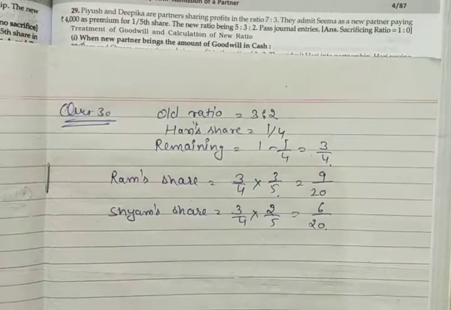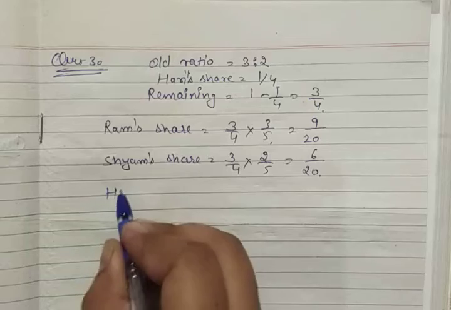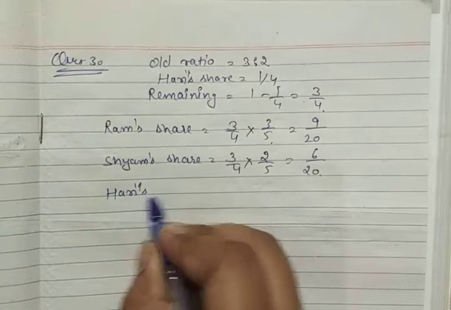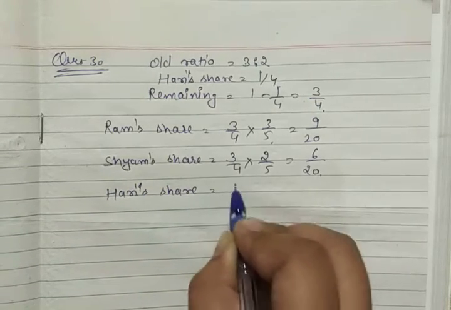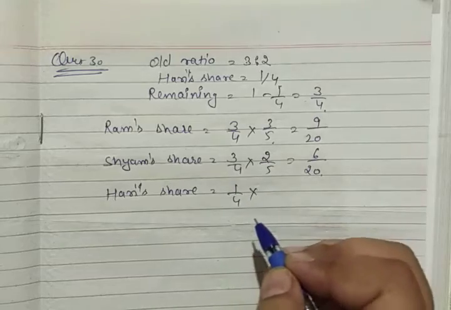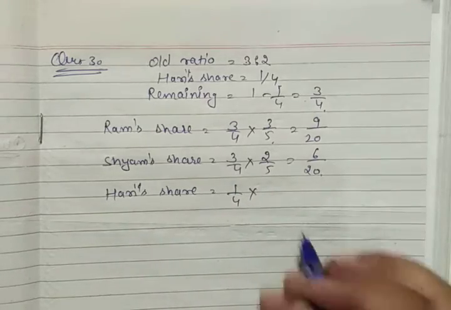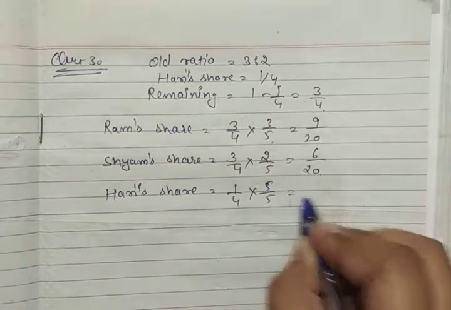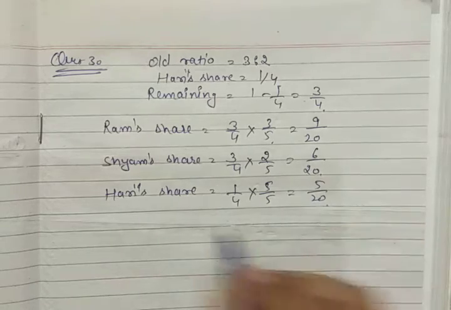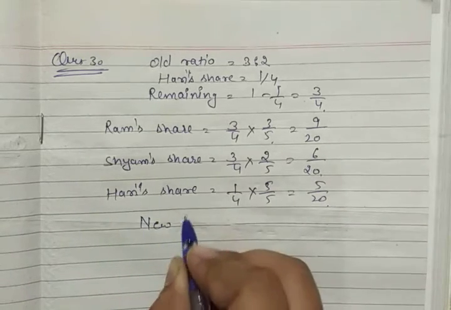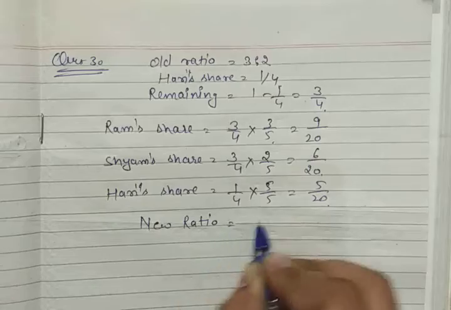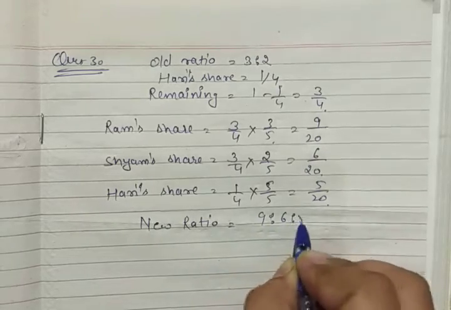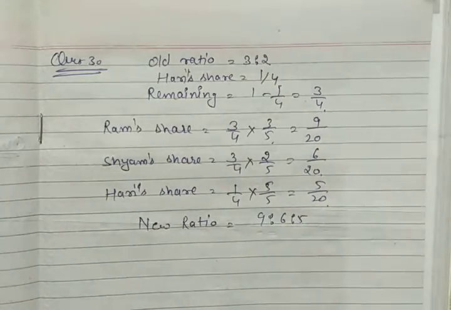And the share of Hari is given as 1 by 4, and we will multiply it by 5 by 5 to make the denominator the same. 5 by 20. New ratio becomes 9:6:5. 9, 6, 5. Alright.